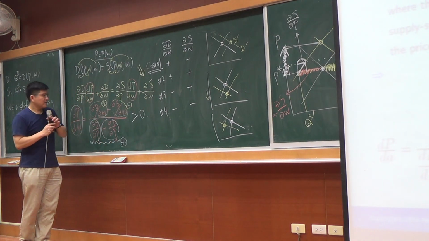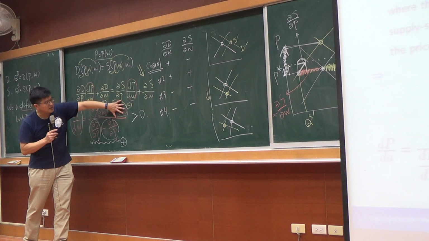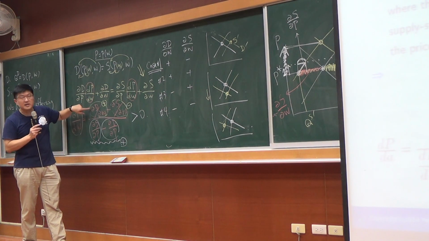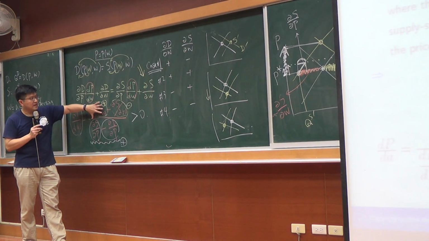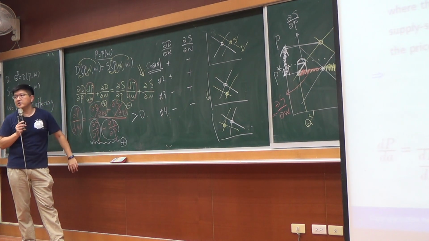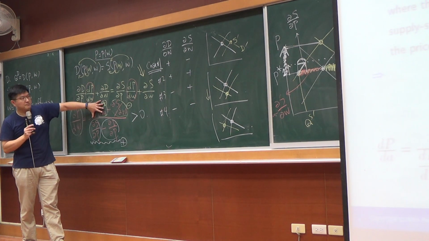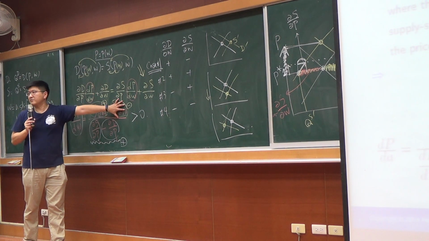Positive, positive. A positive 1 minus a positive 1. So if the size of change in demand is higher than the size of change in supply, then it's a big positive minus a small positive, right? It would be positive.